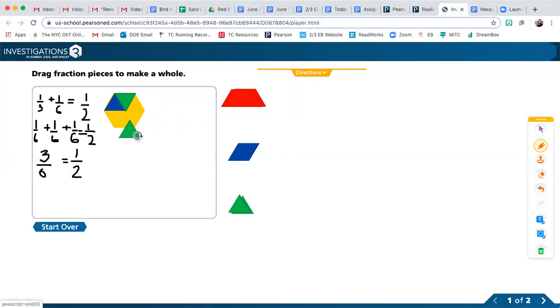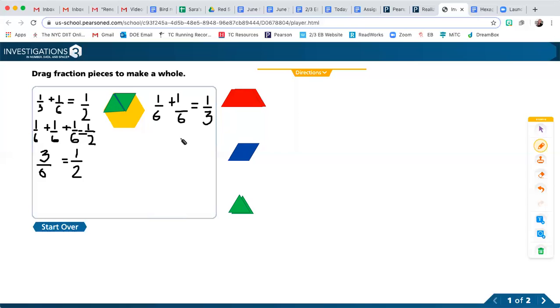Let's see if that works. Look at that. If I put 2 of my 1/6 pattern blocks, it's equal to 1/3. So I would write 1/6 plus 1/6 is equal to 1/3 of my hexagon cookie.